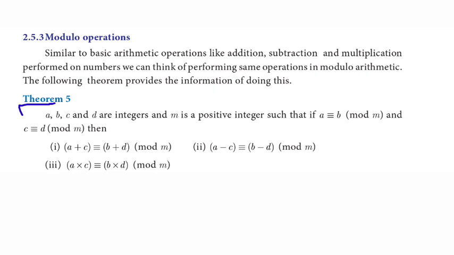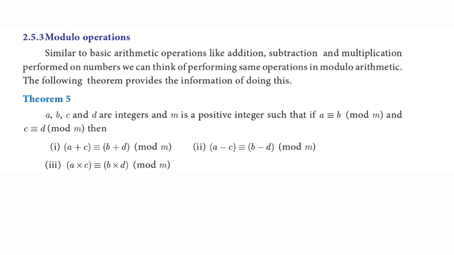Theorem number 5. Let a, b, c and d be integers and m a positive integer such that we have two given values. First one is a congruent b mod m and second one c congruent d mod m.